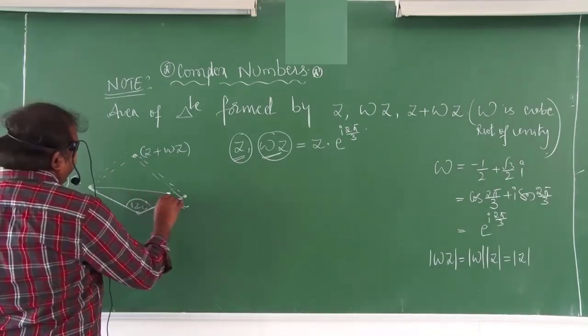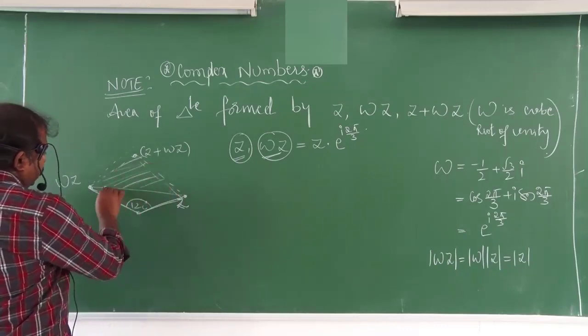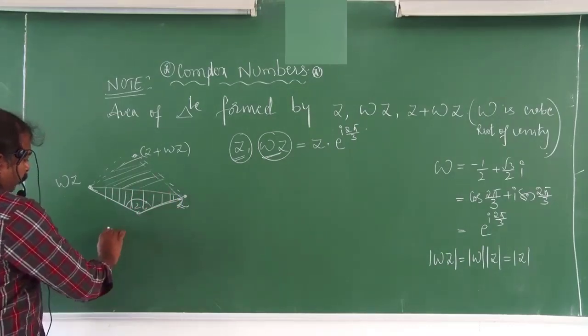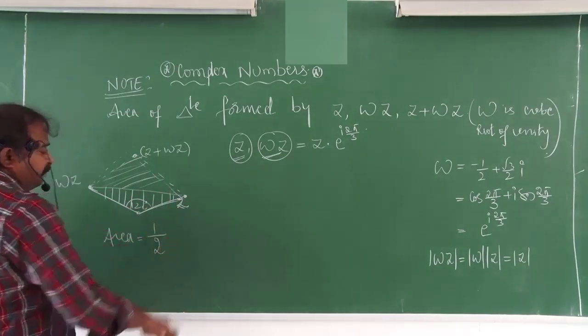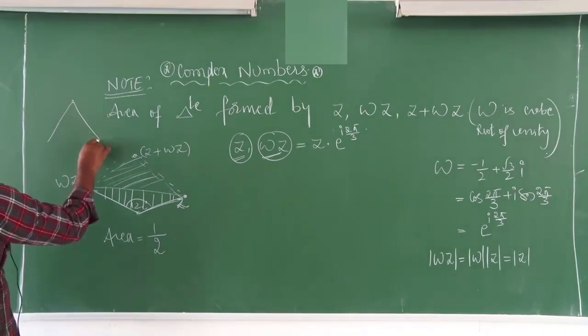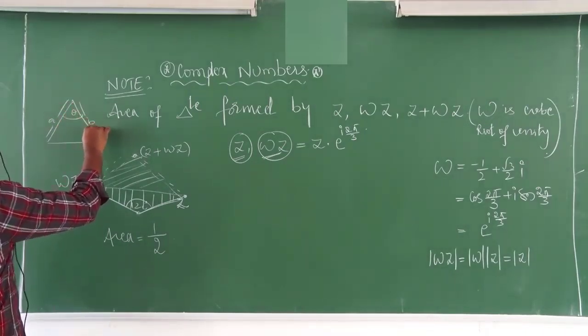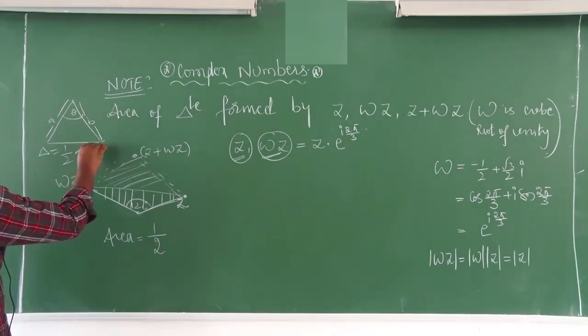Now we have to find this region's area. It is easy to calculate. What about the area of the triangle formula? In the properties of triangles, if any triangle is given with sides small a and small b and included angle theta, then delta equals half ab sin theta.